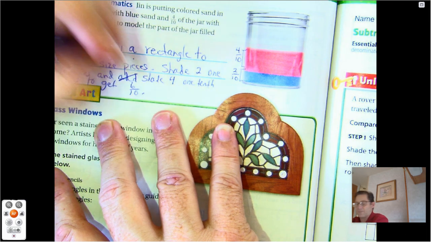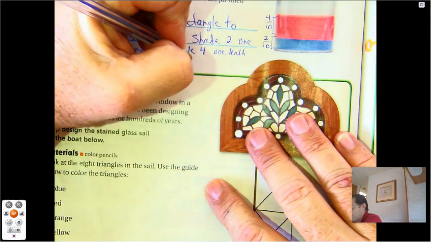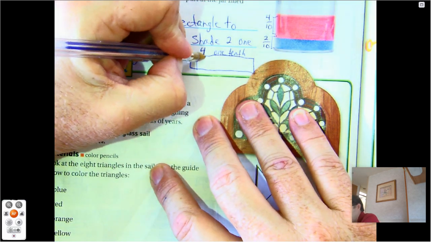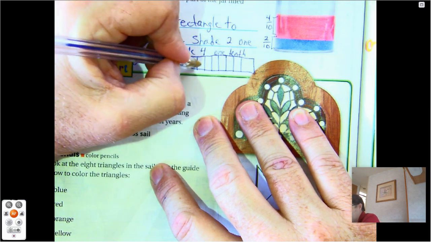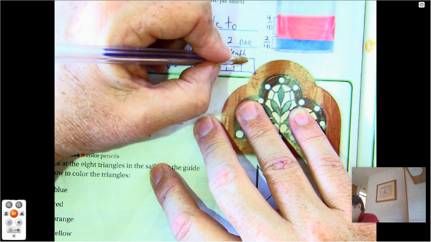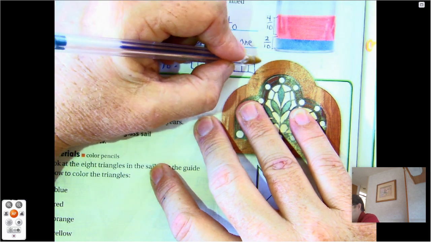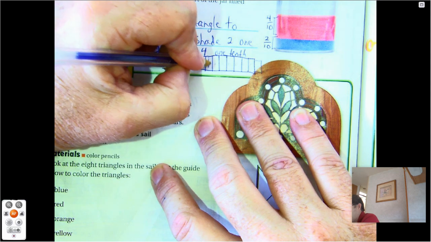So if we drew a rectangle and split it into 10 pieces, now the rectangle represents the jar.